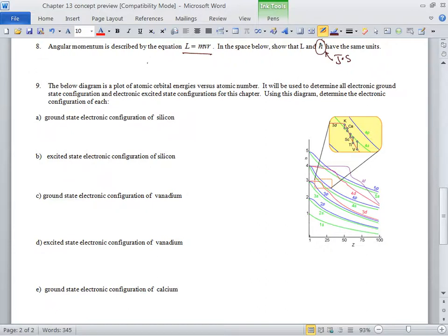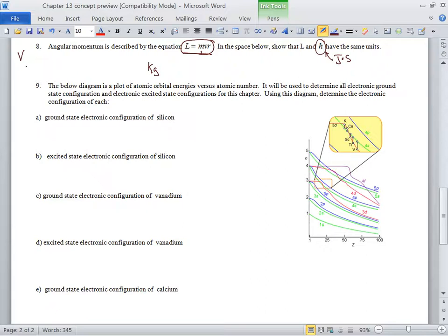So m has units of? Kilograms, because m is mass. V would be? And L equals mvr. What's v? It's a speed.